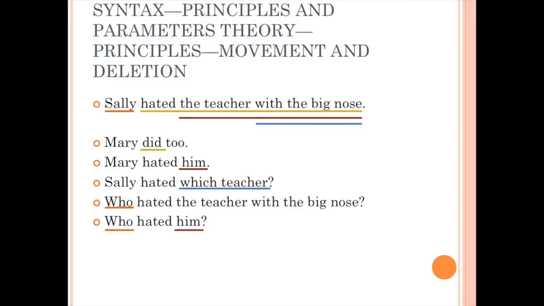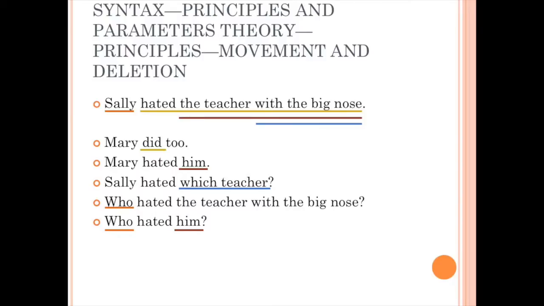What did Mary do? She hated the teacher with the big nose. Mary hated him. Who? The teacher with the big nose. Sally hated which teacher? The teacher with the big nose. Who hated the teacher with the big nose? Sally did. Who hated him?